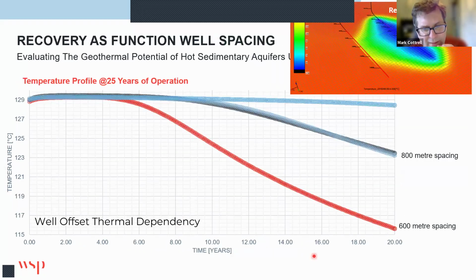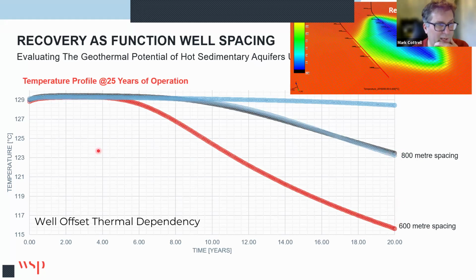Thermal drawdown in terms of well spacing: the model is able to directly help us in terms of optimal spacing. We can see, based on a 600-meter spacing and an 800-meter spacing, we're actually producing hot water of two different temperatures.